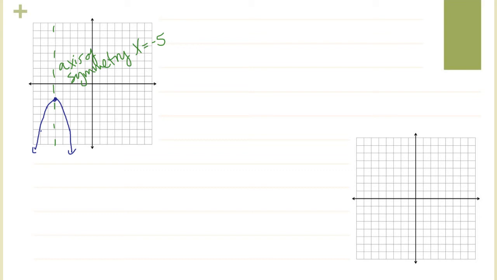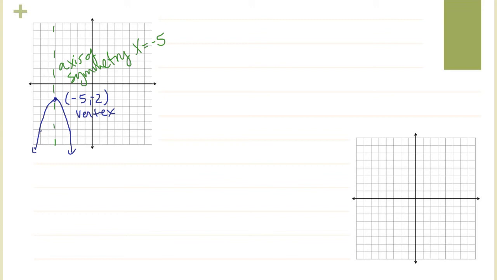We'll learn a little bit more about it going forward, but for our purposes today, the only thing we need to know is its vertex is (-5, -2), and so its x value is the value of the axis of symmetry, and then the y value is how far down it is. All we have is the vertex. It doesn't have any x-intercepts, and we can't read the y-intercept. It'll have one eventually, but it's probably down like 20 or 30. So it's not in the picture, so we're not going to talk about it.